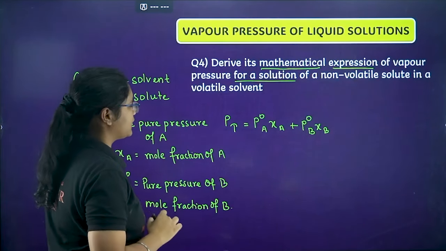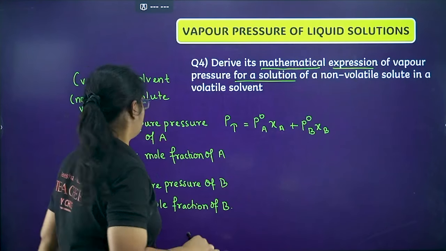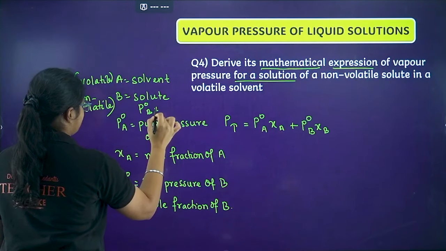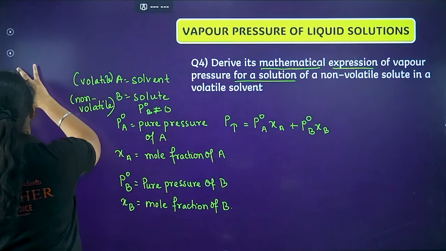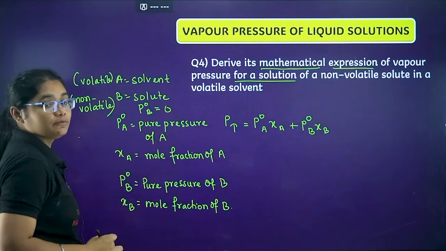Since B is non-volatile, it will not evaporate and will not create any pressure, so P naught B will be equal to 0.